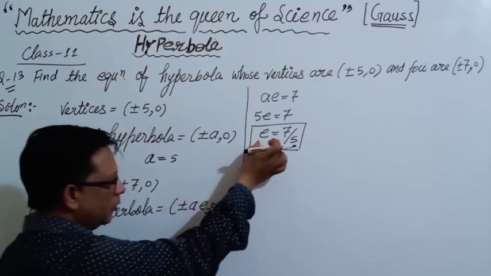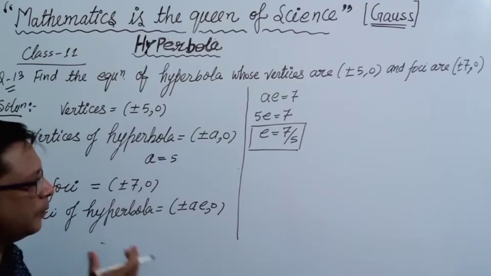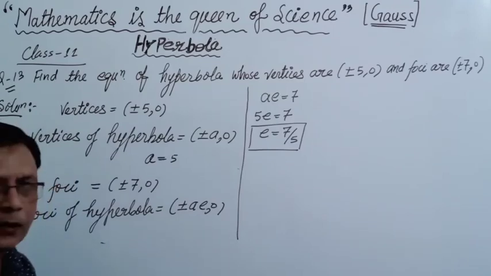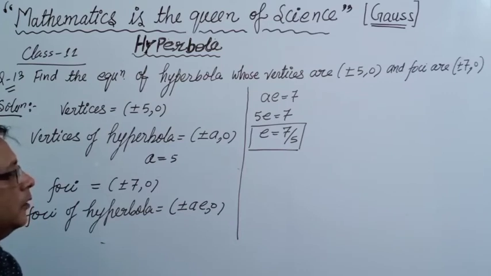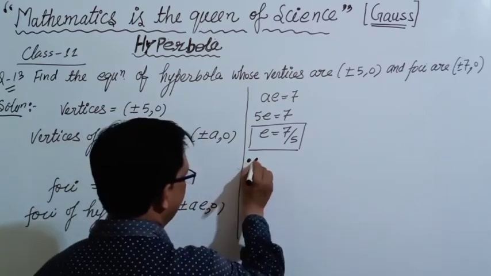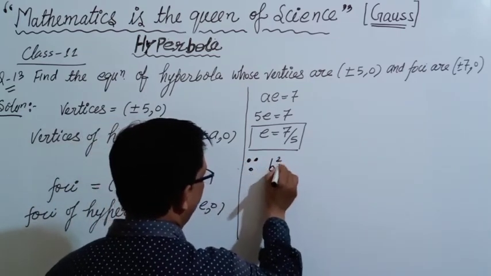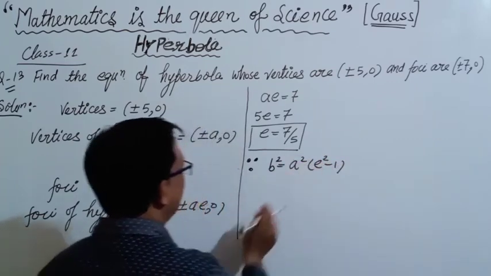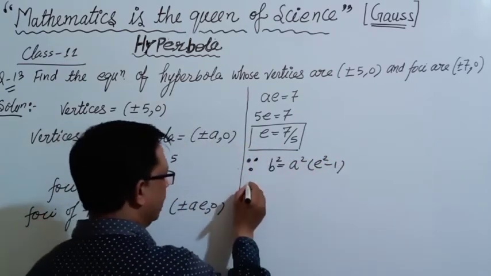Now student, with the help of the eccentricity, we apply the eccentricity equation and find the value of b. Now let us see what the eccentricity equation is. The eccentricity equation is b square is equal to a square into e square minus 1. Here we substitute all these values.